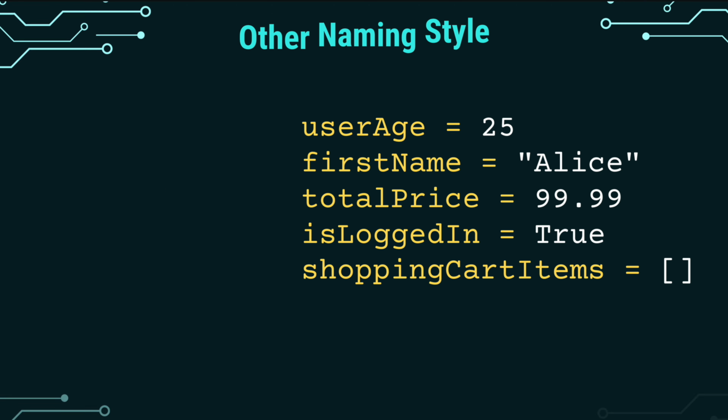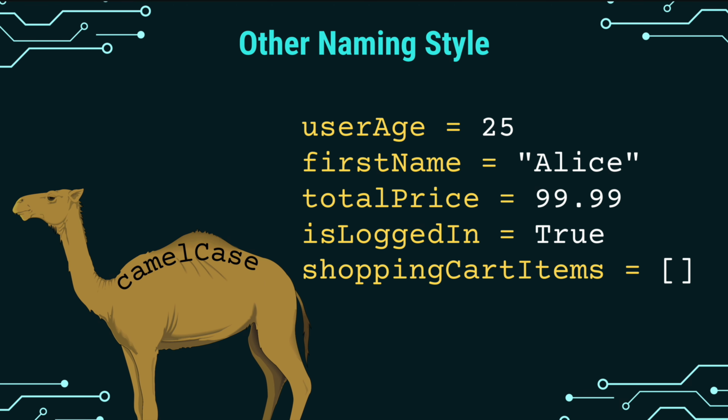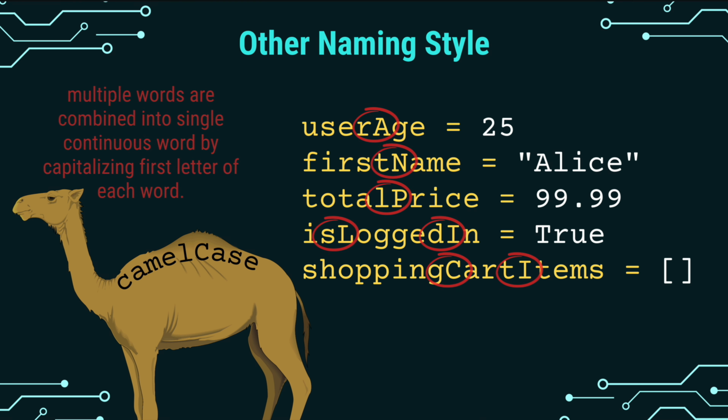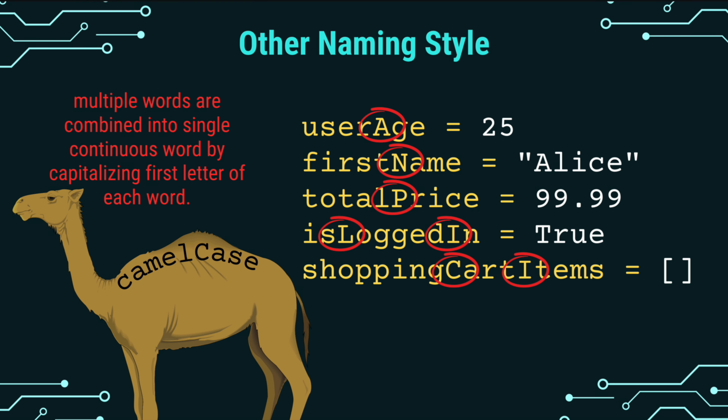You may also see another style called camel case. In camel case, you combine words into a single word, capitalizing the first letter of each subsequent word. For example, firstName with a capital N, or shoppingCartItems with a capital C and I. This style is very common in other languages like JavaScript and Java, and while it's technically valid in Python, it's not the preferred convention.